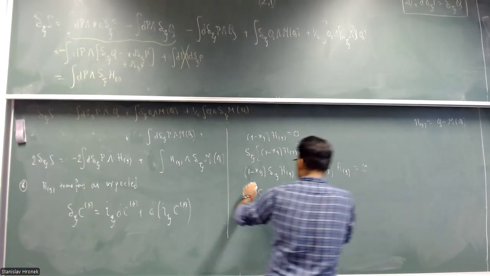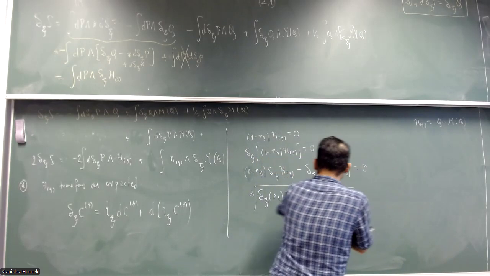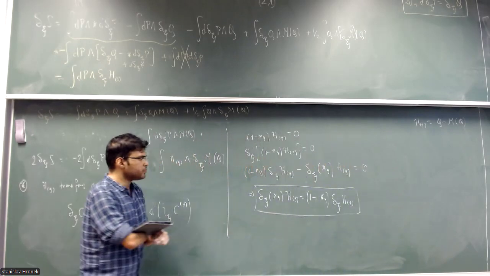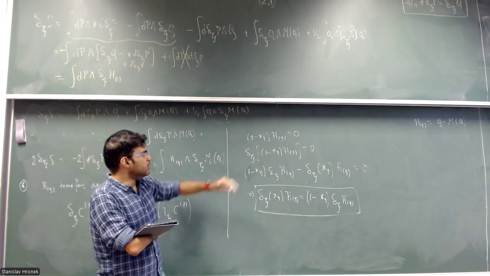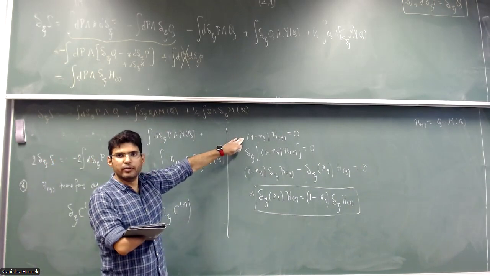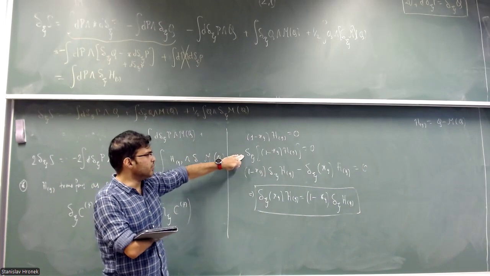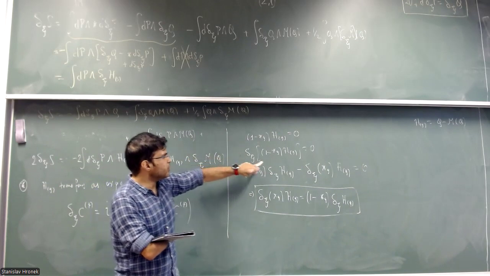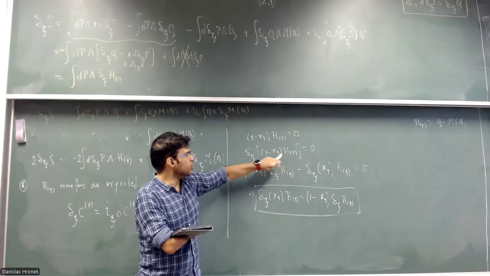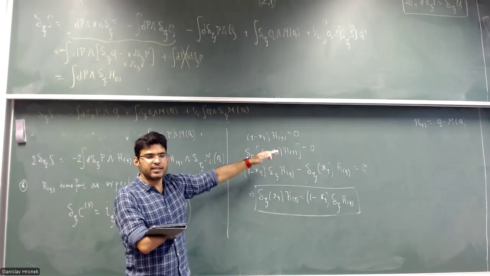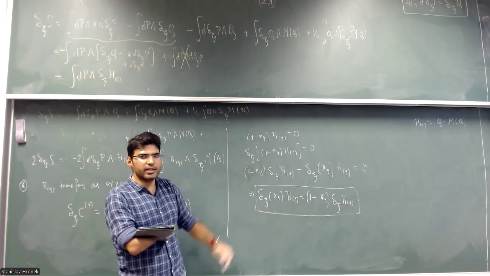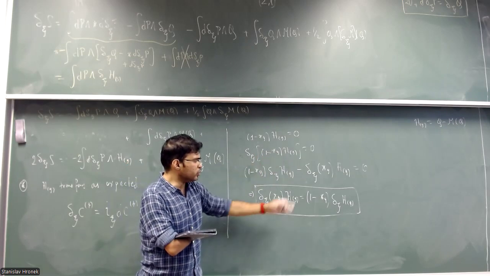That means this has to be. This is just a statement that HG is self-dual with respect to G. Just take a variation of that. The variation is going to hit this, but it's also going to hit this. And that means that there is some linear combination of these two variations which has to vanish, and I put it as an equality.